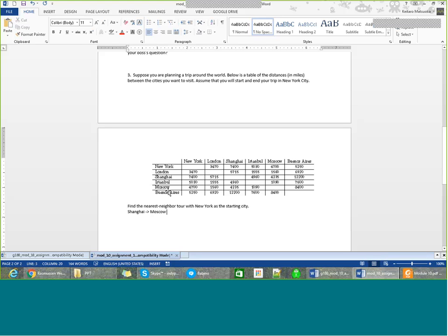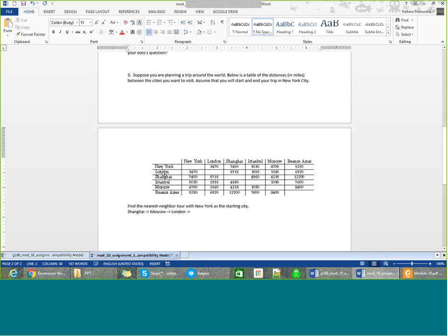Okay, Moscow. And I look at the Moscow row. So between these, I'm not going to go back to Istanbul. So I'm going to go either New York, London, Shanghai, or Buenos Aires. Between Moscow and the other cities, except Shanghai, it looks like I go to London.